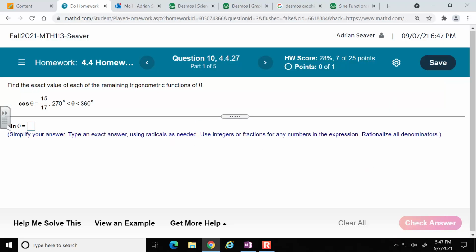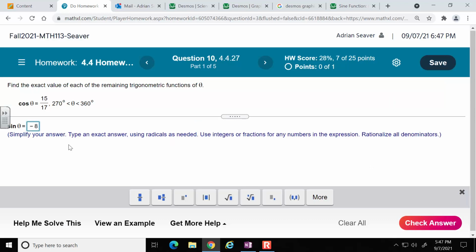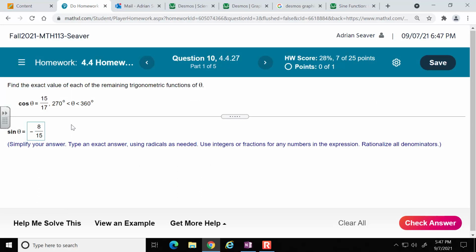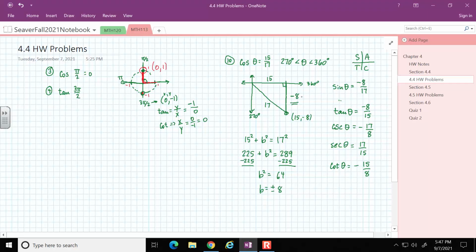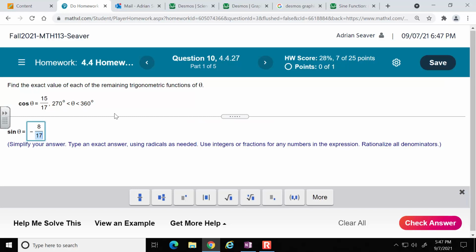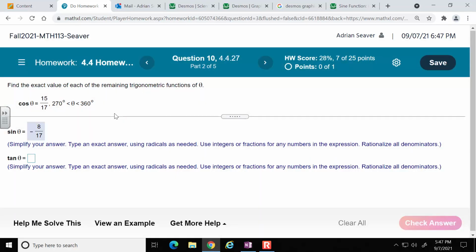All right, so let's plug those in. Negative 8 over 15. No! Oh my goodness, we've already messed something up. Negative 8 over 17. I just entered it wrong. Okay. Tangent, we said, was negative 8 over 15.